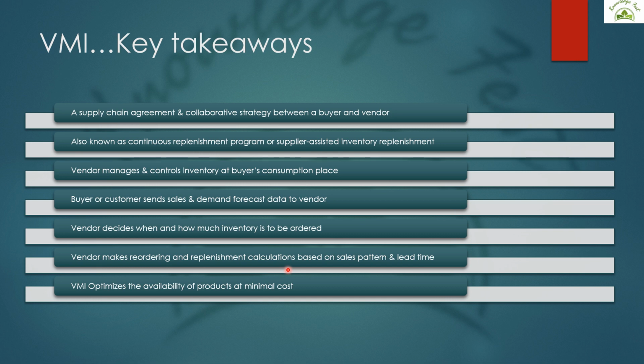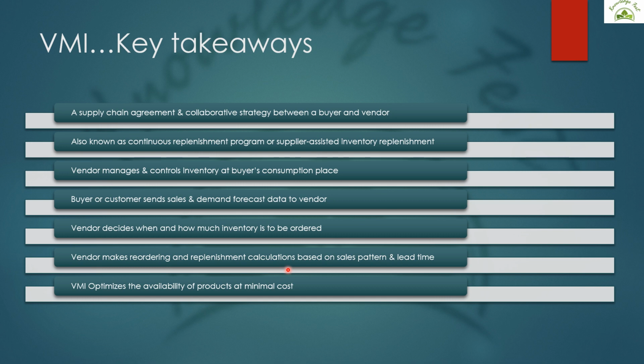So completely it is managed by the vendor: the inventory management, what material to order, what would be the right quantity to order, what would be the right time to order. This complete decision making process is managed and controlled by the vendor itself, not by the buyer. So basically it is reducing the overhead of the buyer company, right? Because for the buyer company, inventory management may not be a core function.